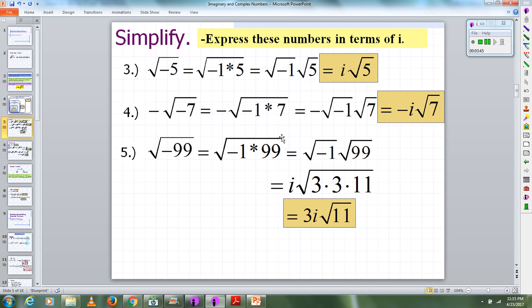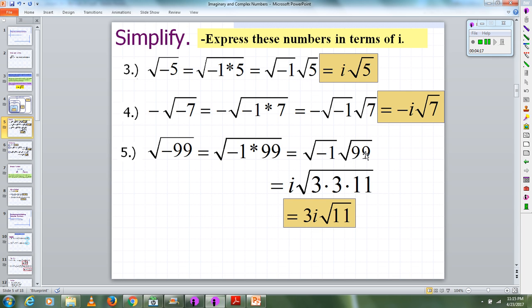Then we write the square root of the product as the square root of each factor of that product. So in this case, we have the square root of -1 times the square root of 99. Now we know that the square root of -1 is i. Now we look at the square root of 99.